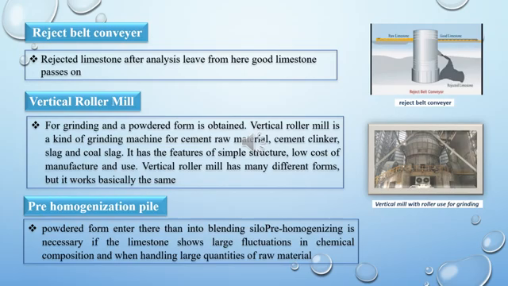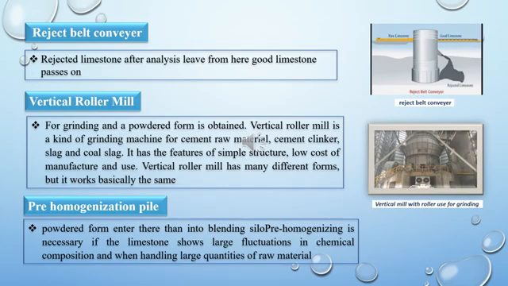And at that point, there is an extra belt which transfers the rejected limestone out of the plant. So the reject belt conveyor is used for the transfer of rejected limestone from the plant.